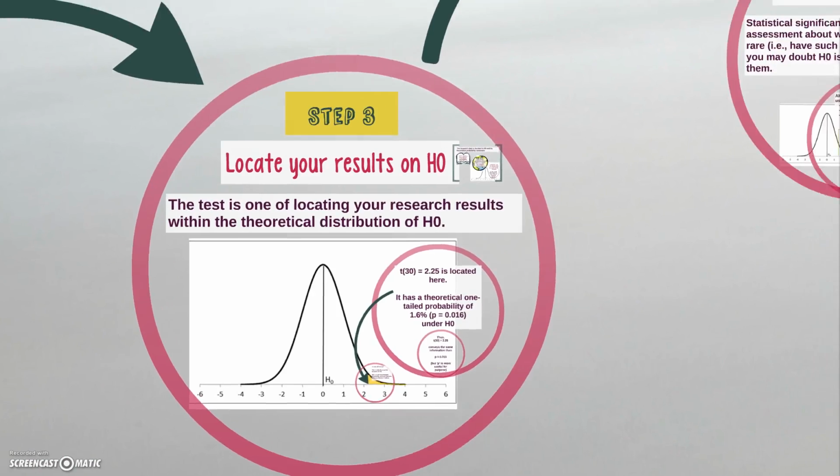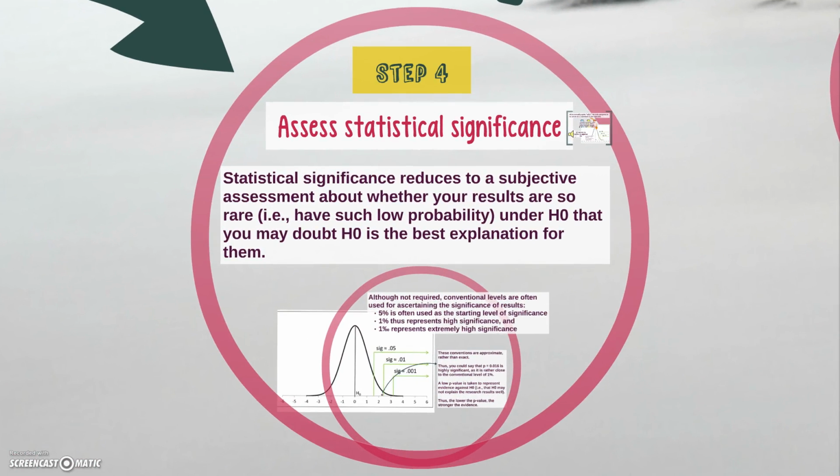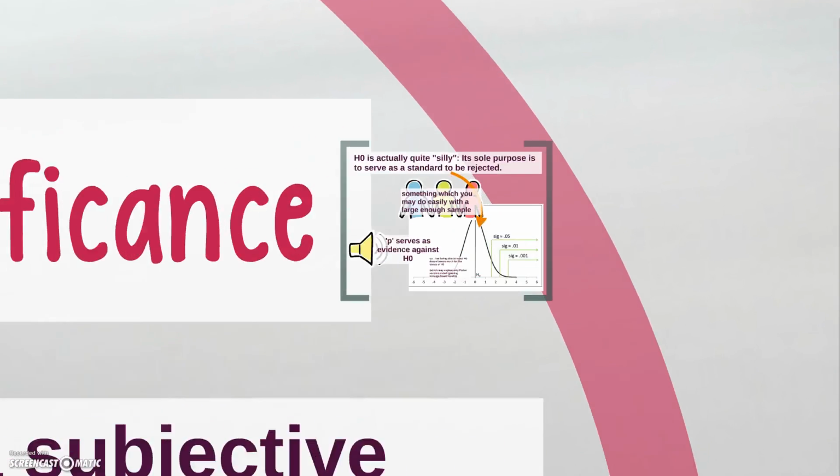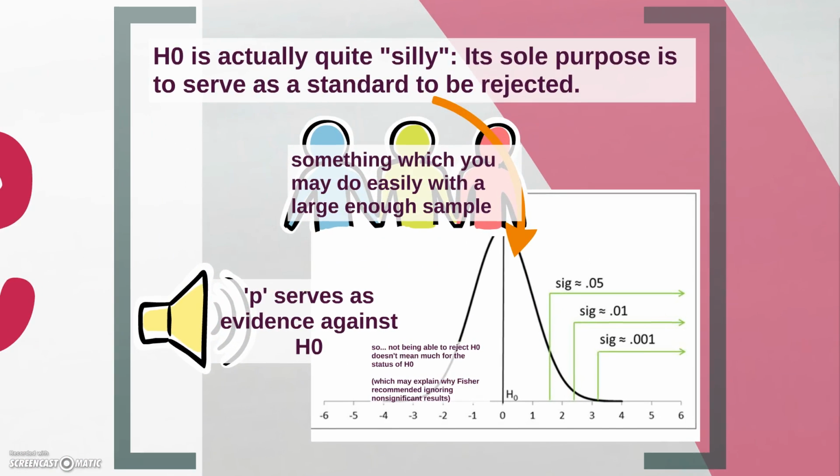The fourth step was, once we got that assessment of significance, that location in the distribution, to assess the statistical significance. And we can do that with conventional levels of significance as well. Now, one important consideration to have in mind here is that the null hypothesis really is quite a silly hypothesis.